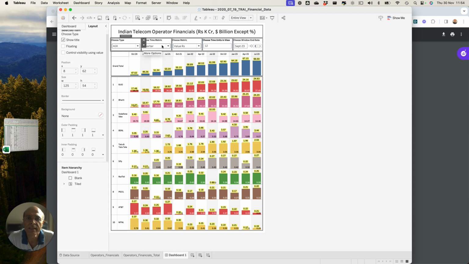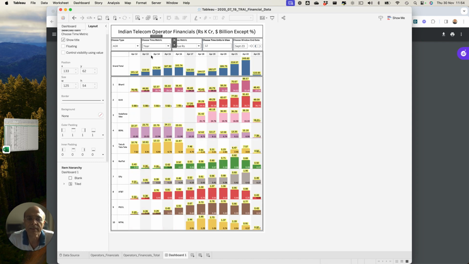Now from an AGR perspective, if we take the time metric as year, you will find that the grand total of India's telecom revenue collections, the revenues that Indian telecom operators were delivering on a yearly basis, peaked till April 2016, that is the end of the financial year FY17, and thereafter it dipped and now it is picking up.